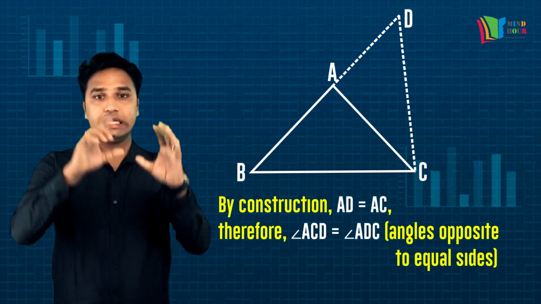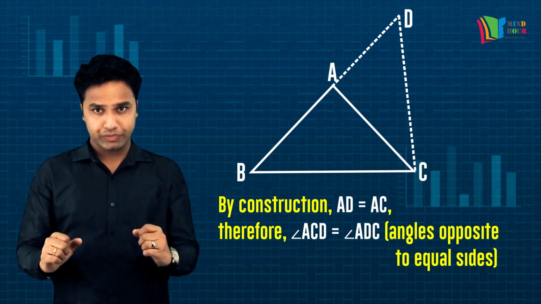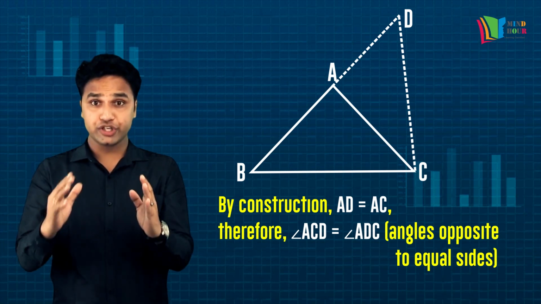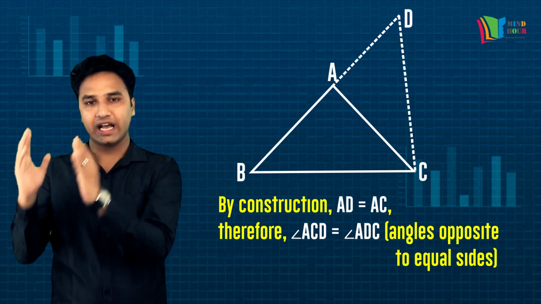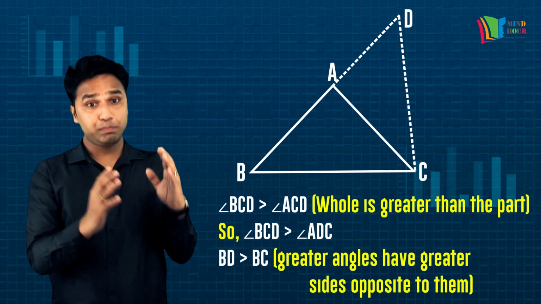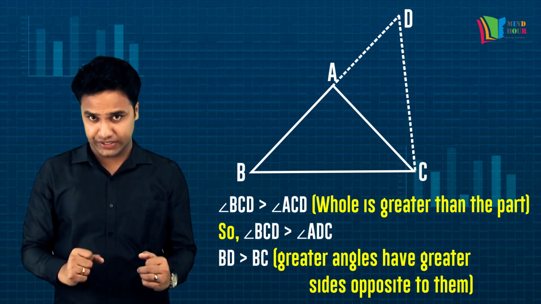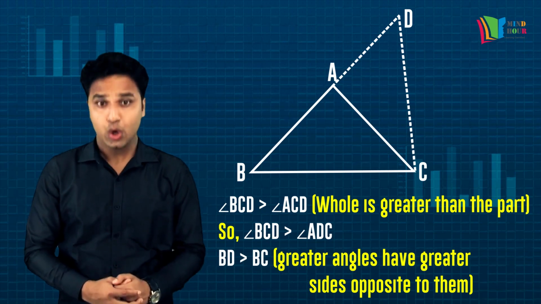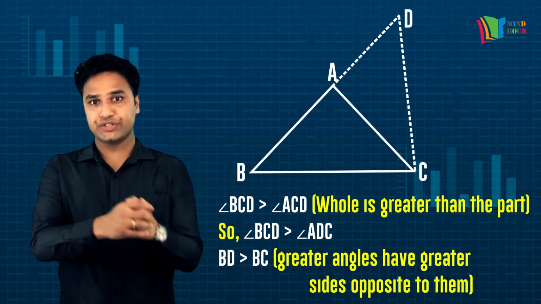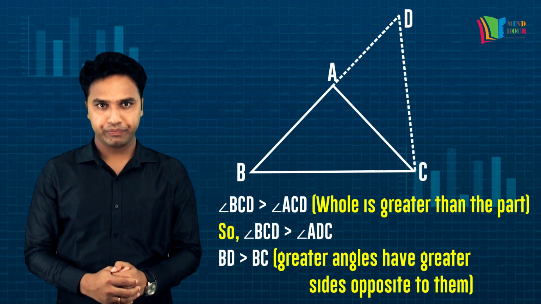By construction, AD is equal to AC, and because angles opposite to equal sides are equal, therefore angle ACD is equal to angle ADC. Angle BCD is greater than angle ACD since a whole is greater than a part. Thus, we get angle BCD is greater than angle ADC.